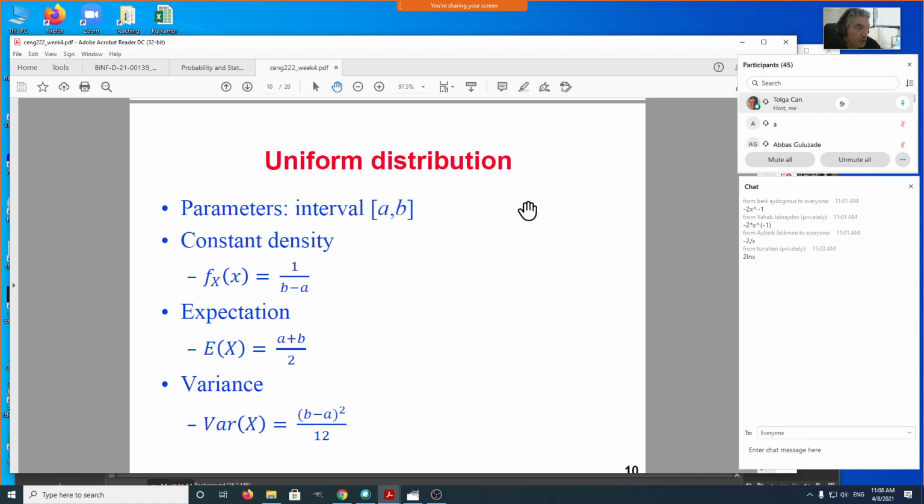Similarly, we'll see the standard normal distribution. Normal distributions have two parameters, mean and standard deviation, or mean and variance. The mean will be 0 for standard normal, and the standard deviation will be 1. Those standard versions of distributions are used a lot.